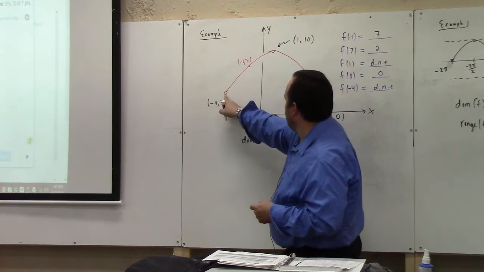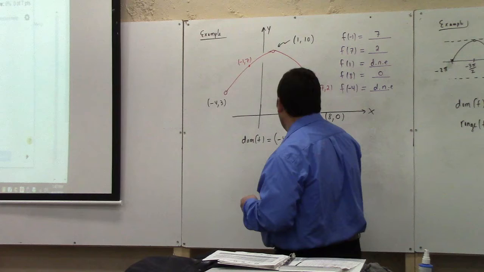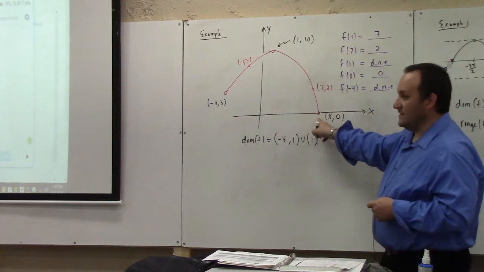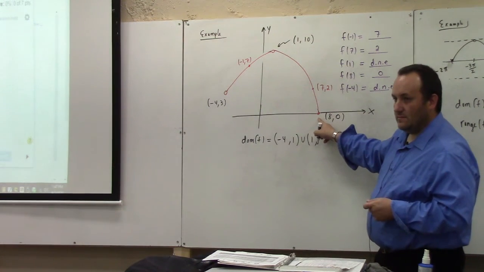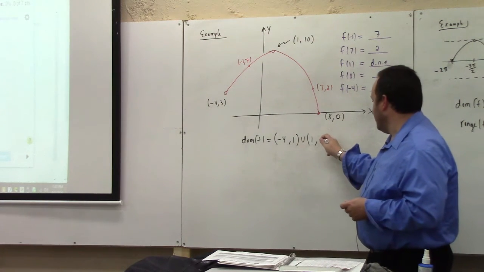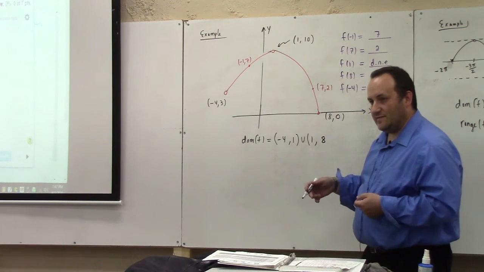We go from -4 over to 1, but 1 is not included, so we have to do that. Then I'll start you again at 1, and where do we go to? 8. Is 8 included? It is included, right? It's unfortunate that included and excluded sound so much alike.